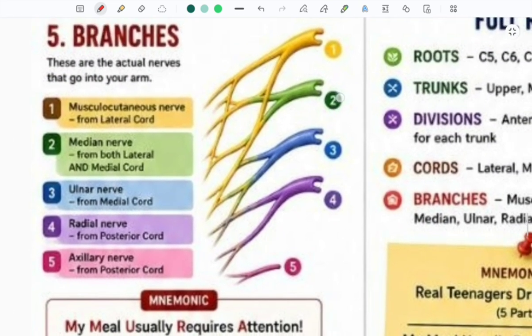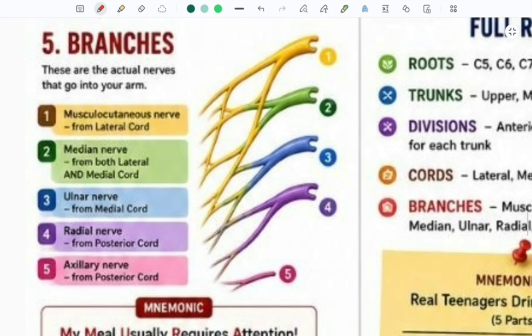Coming to the branches, these are the actual nerves that go into your arm.